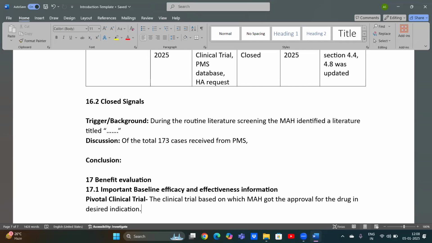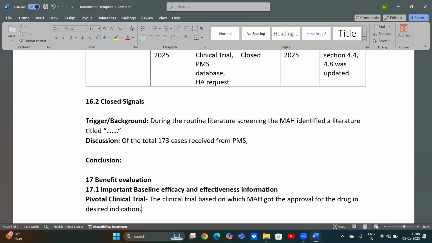Unless it is approved, we will not consider it a pivotal clinical trial for that indication. Sir, in the definition you have written "desired indication". Will formulation also be a parameter here?